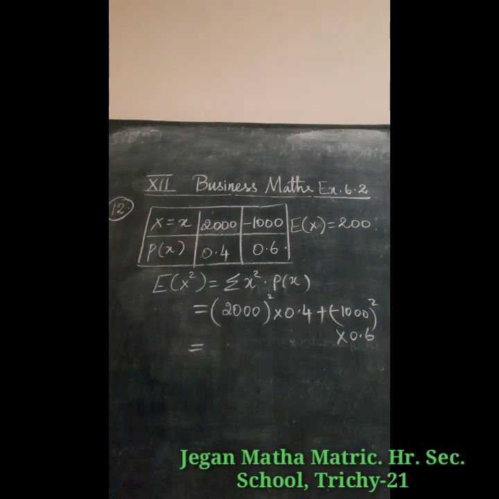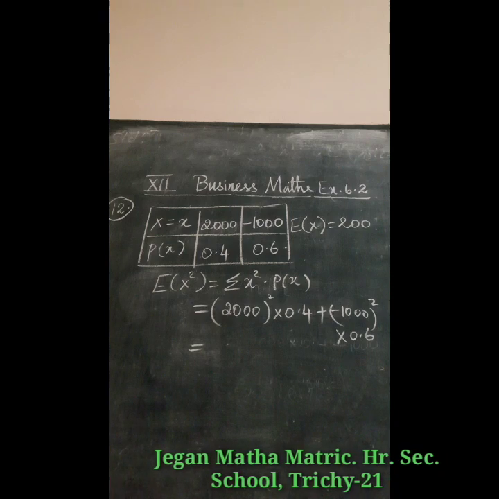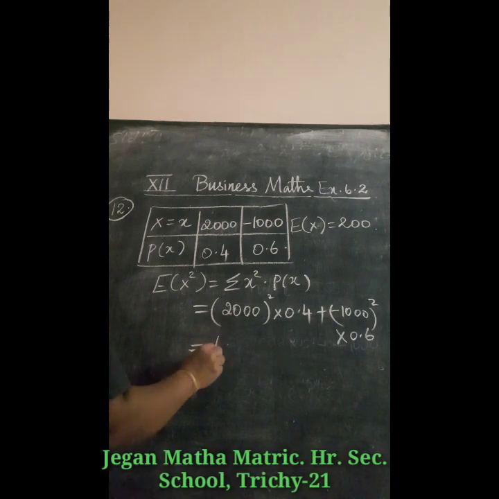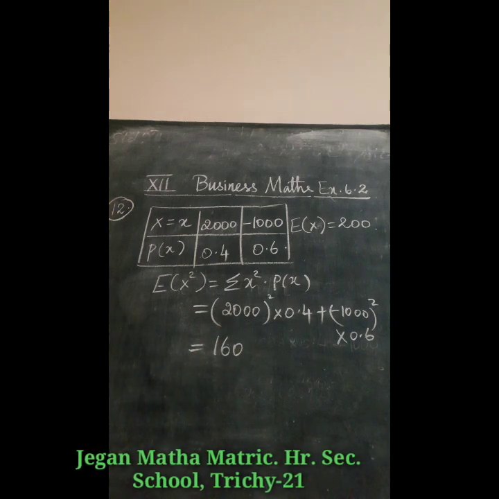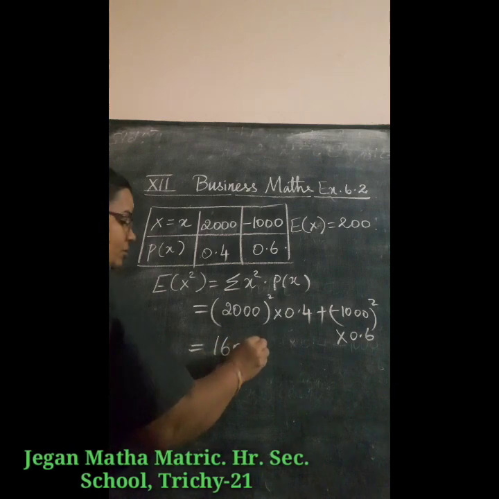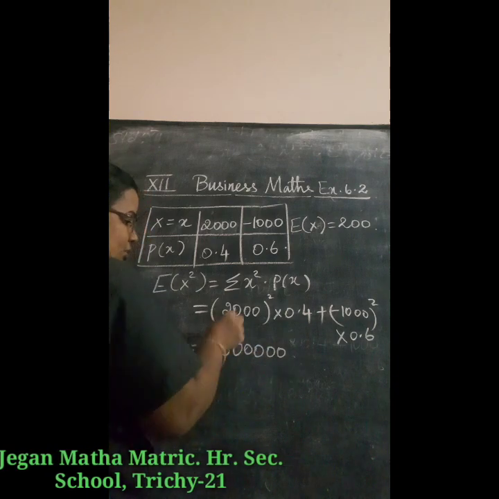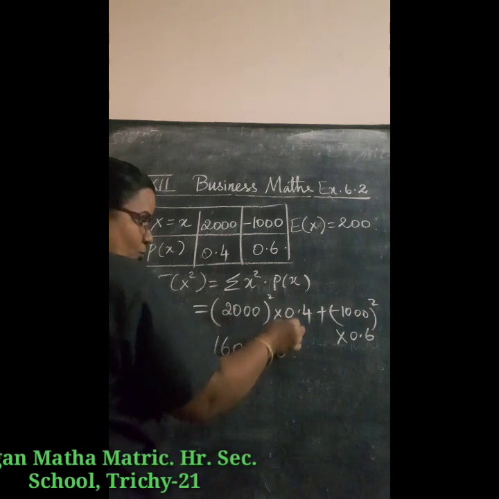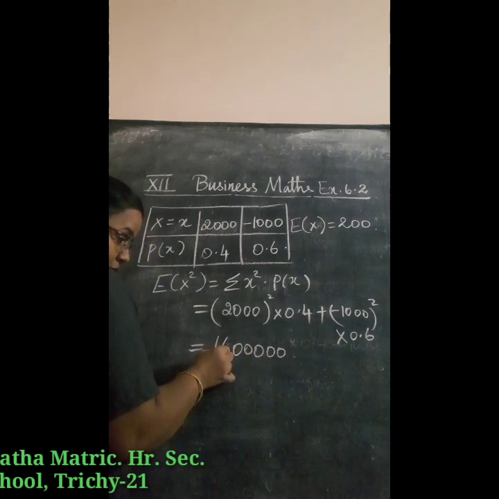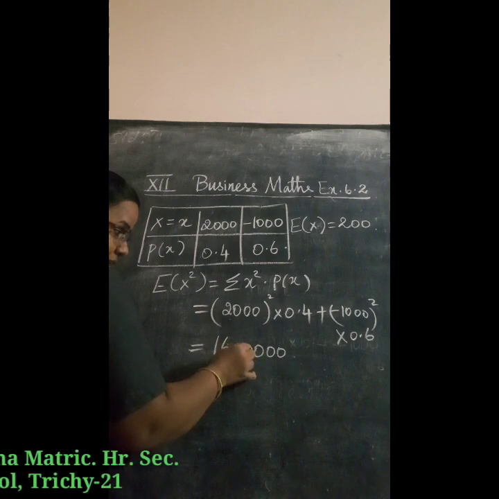So 2000 into 2000 into 0.4, we will get 160, so 2000 into 2000 into 0.4, we will get 1 crore 60 lakhs.